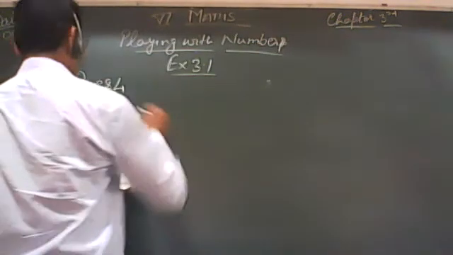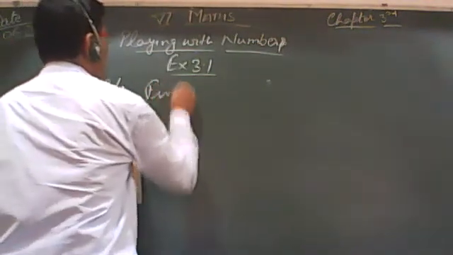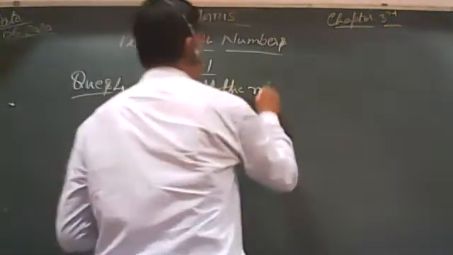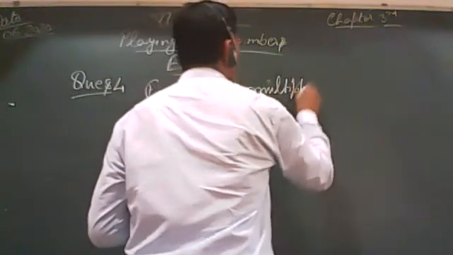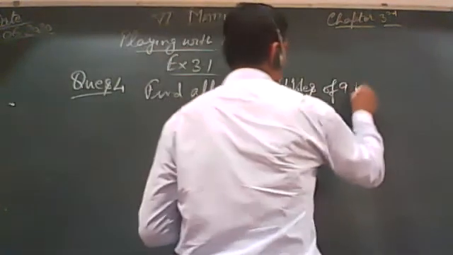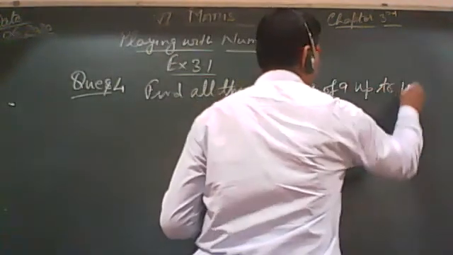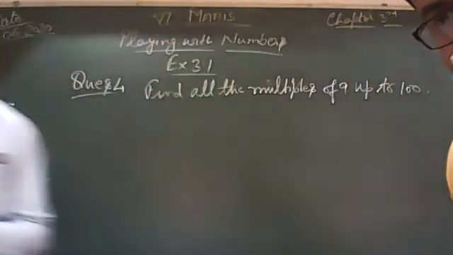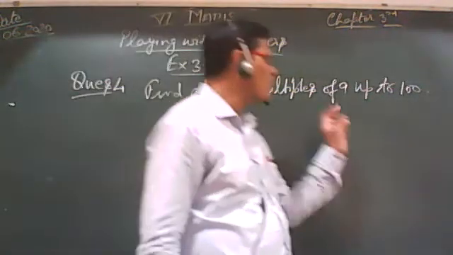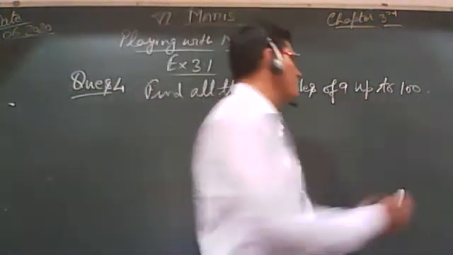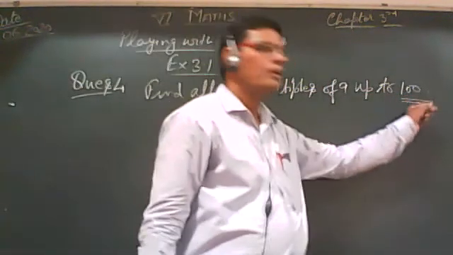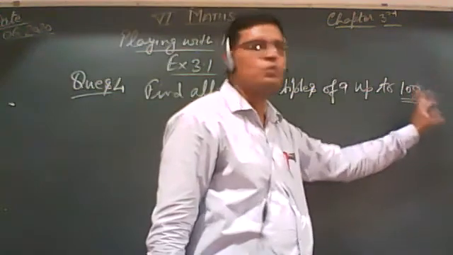Find all the multiples of 9 up to 100. That means you multiply the 9 by natural numbers up to 100. Not more than 100, but you write the numbers up to 100.